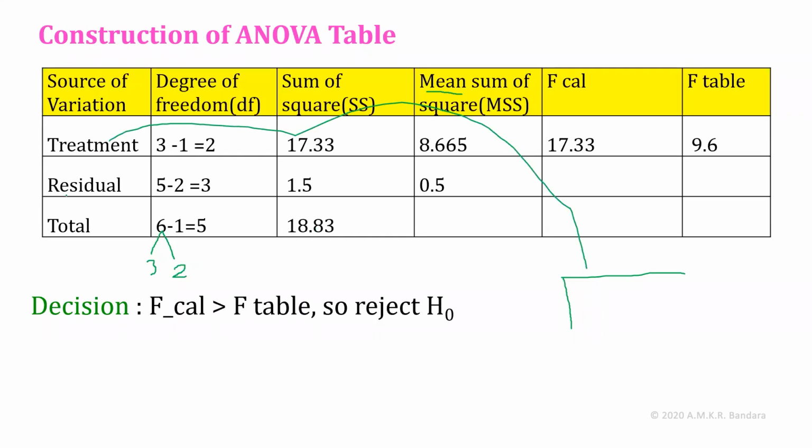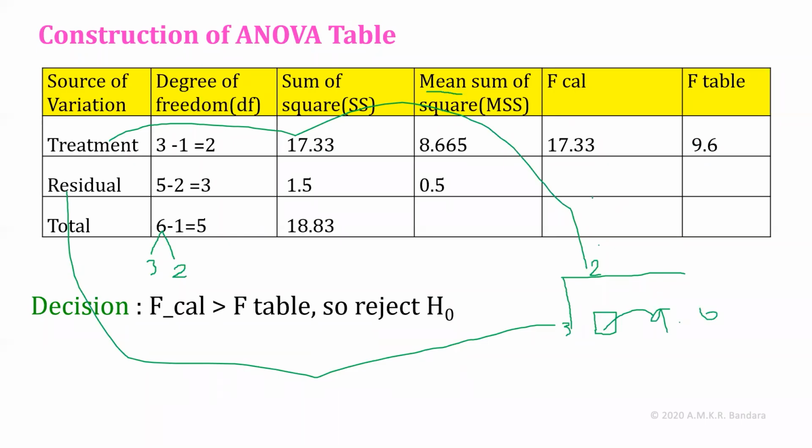In the row you have to find the degree of freedom related to residual. Here the degree of freedom for treatment is 2 and for residual is 3. You can find the corresponding value from the table. It will be 9.6.